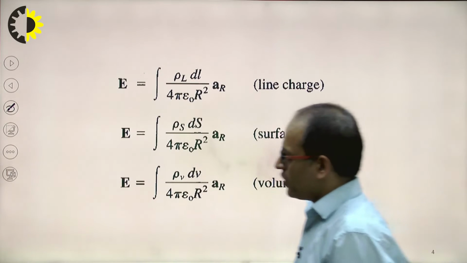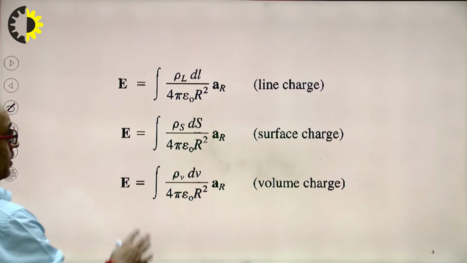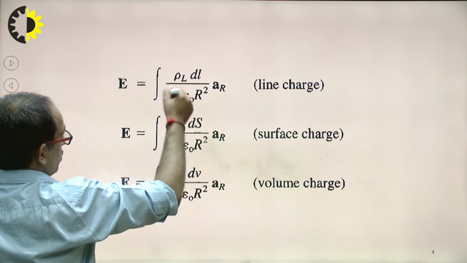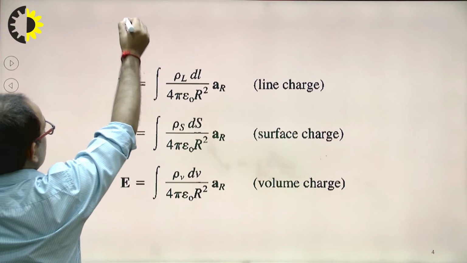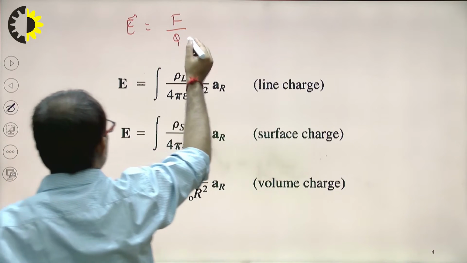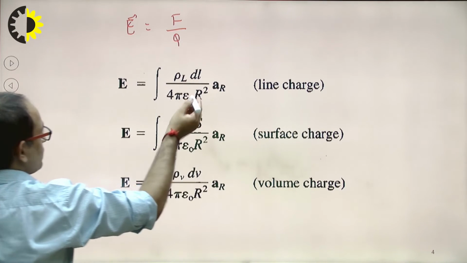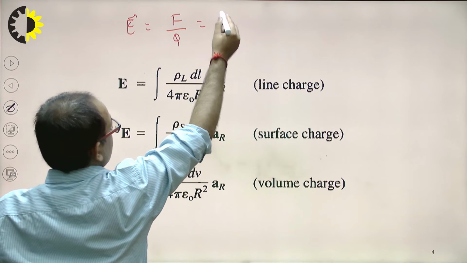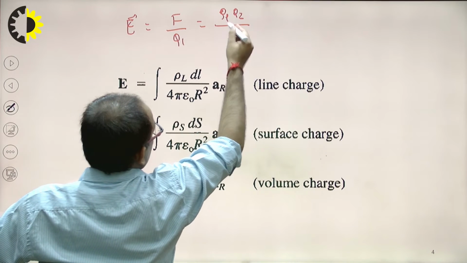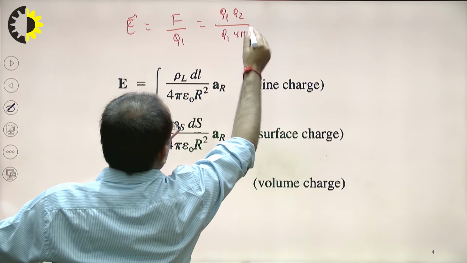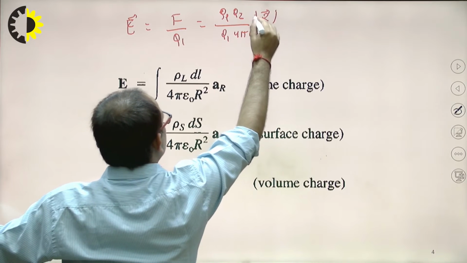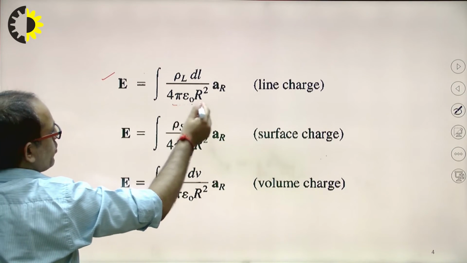Clear? Now if I want to calculate the electric field along a line charge, with charge rho L dl, it will be rho L dl upon 4 pi epsilon naught r square a cap r.